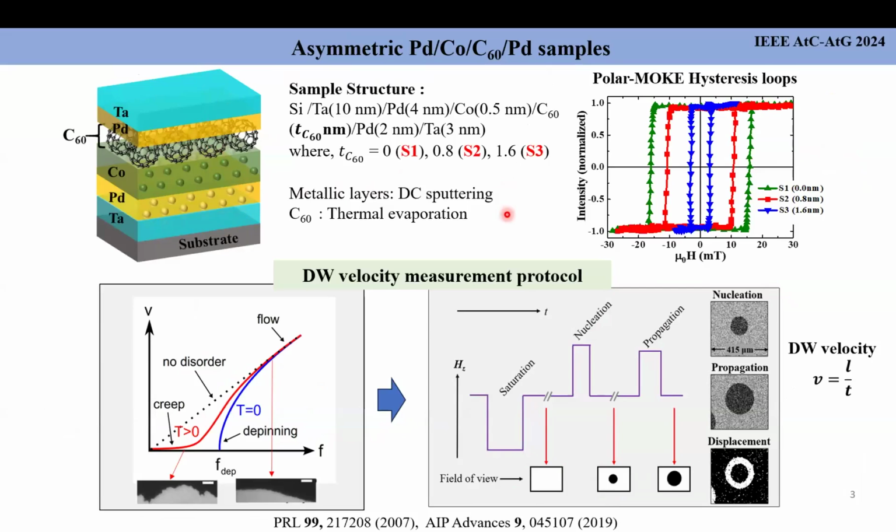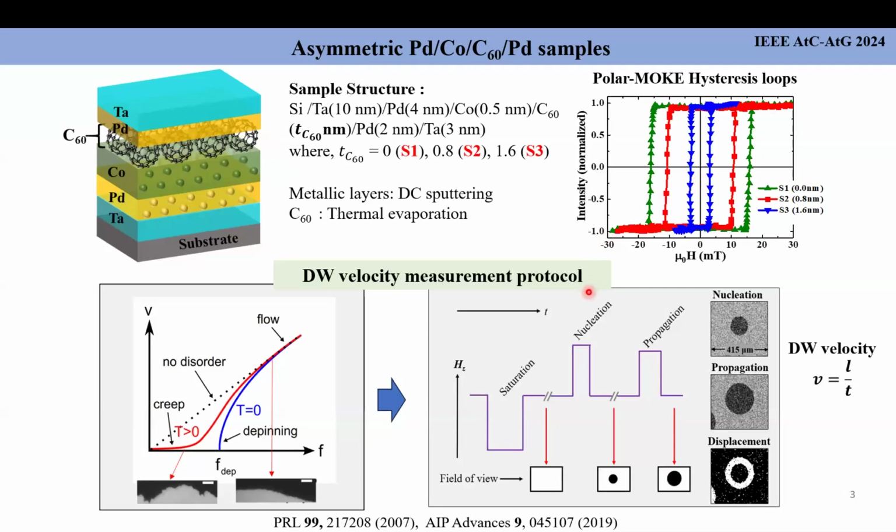All the metallic layers are deposited via DC sputtering, whereas the organic layer is deposited by thermal evaporation. After preparing the samples, we measured the hysteresis loop using polar microscopy, and it shows a continuous decrement in coercivity, due to the decrement in magnetic anisotropy, with increasing thickness of C60.